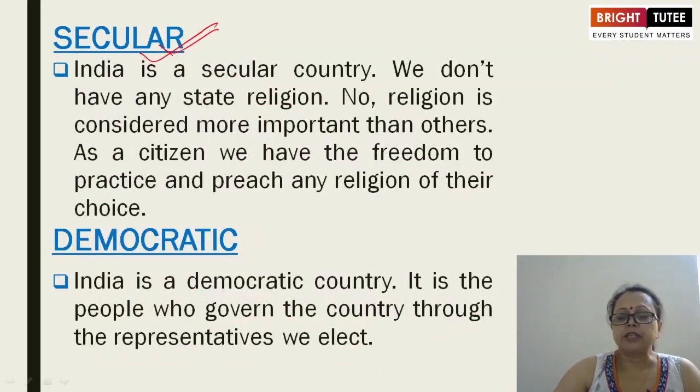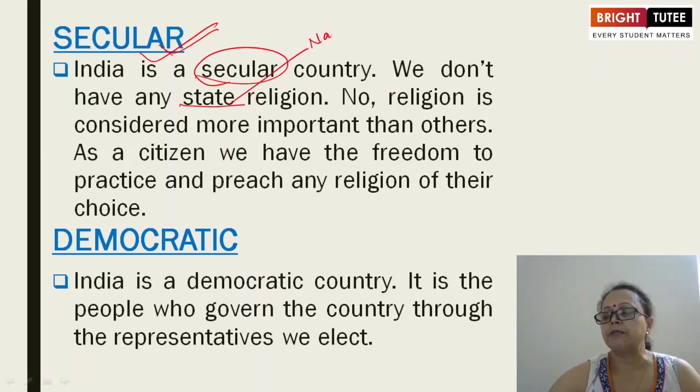Next, it comes to secular. Secular means India is a secular country with regard to religion. We do not have any state religion. State means national religion; we do not have any national religion. No religion is considered more important than others.